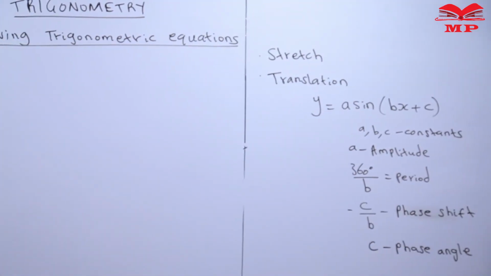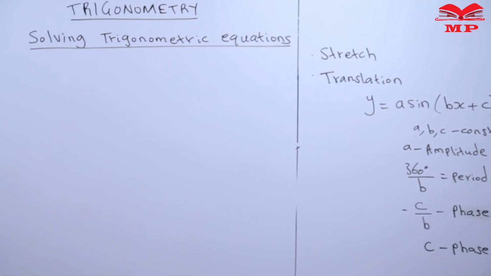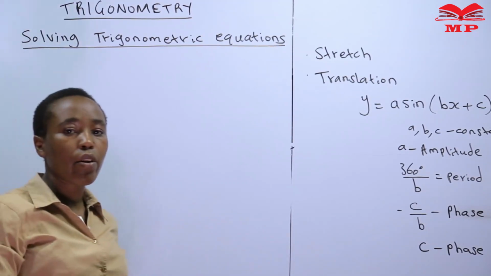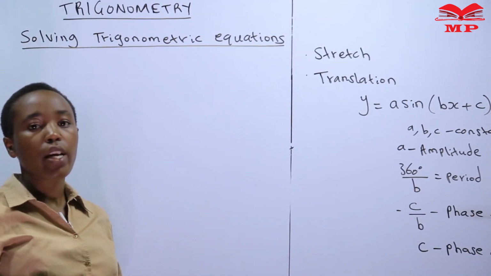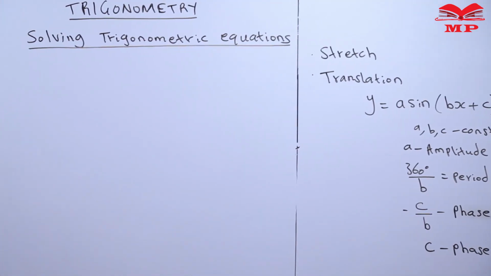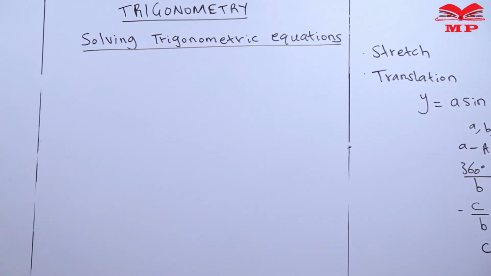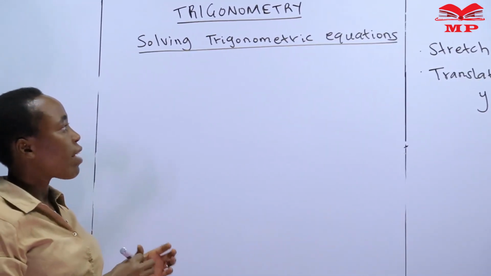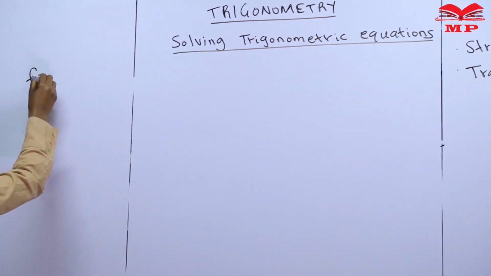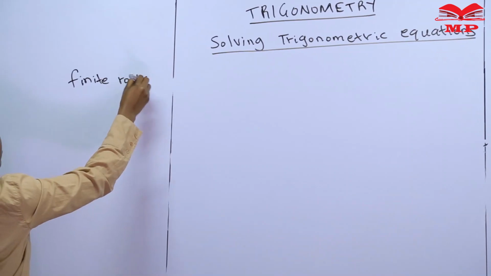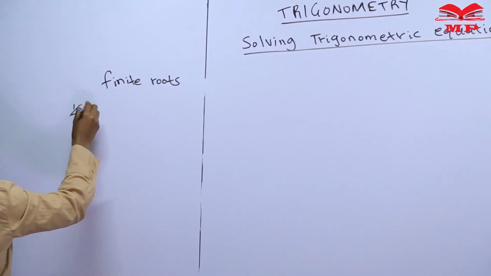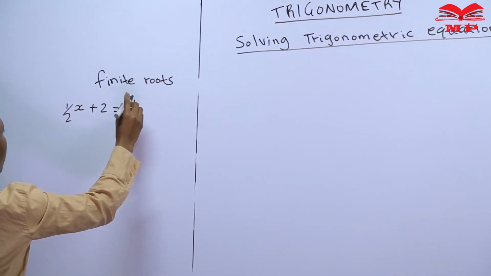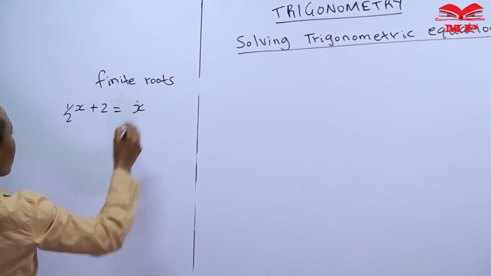So in this lesson, we are going to look at now the solution of trigonometric equations. In the previous lessons, especially on a topic like algebra, we realized that when we want to solve an algebraic equation, we get one answer. That is the answer is finite. We have finite roots. For example, when you are solving x plus 2 is equal to, for example, a half x.